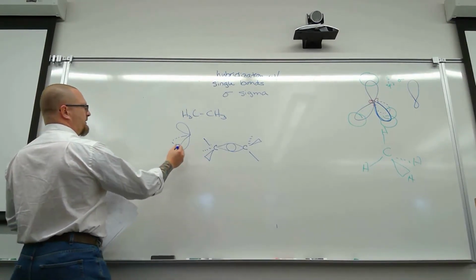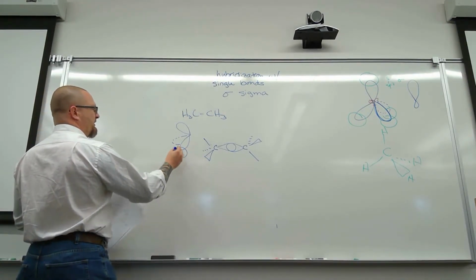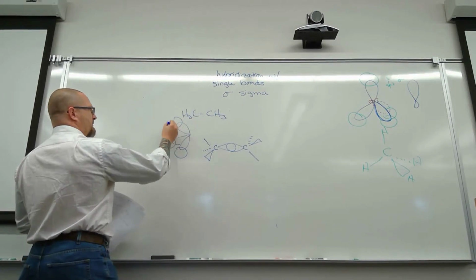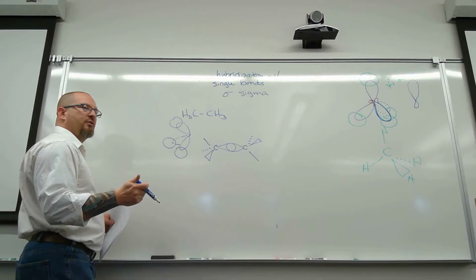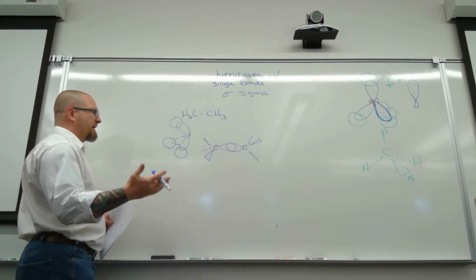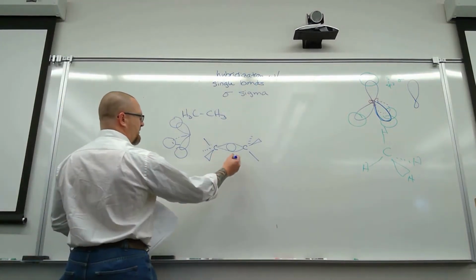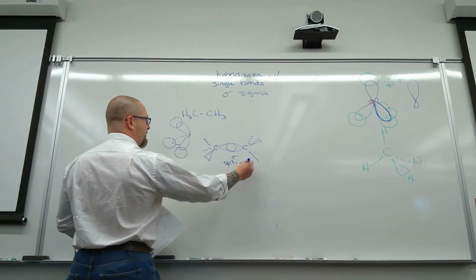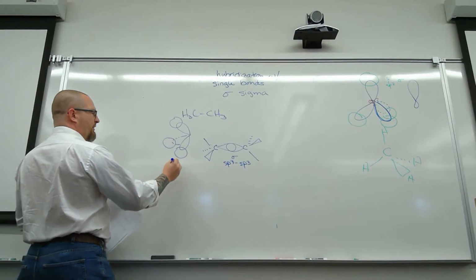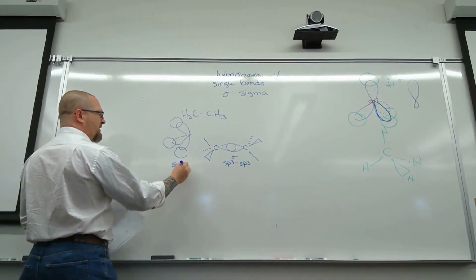And then each of those ends will have a hydrogen which just has an s orbital binding to the sp3 hybrid orbitals. So this sigma bond is going to be sp3 to sp3, and these sigma bonds are all sp3 to s.